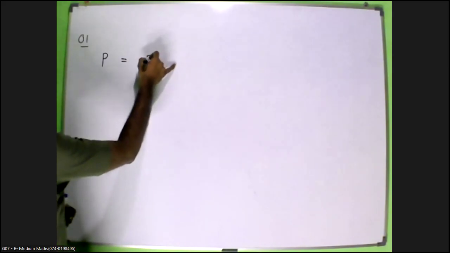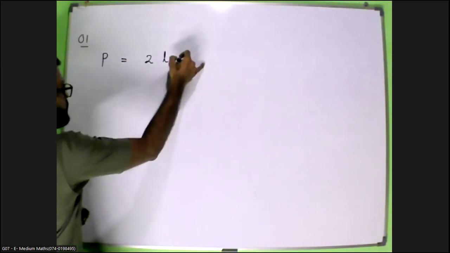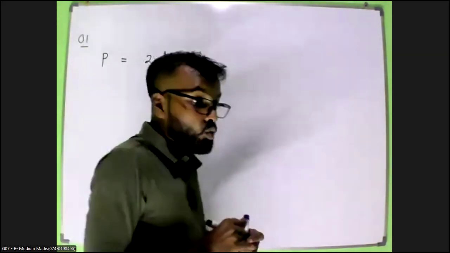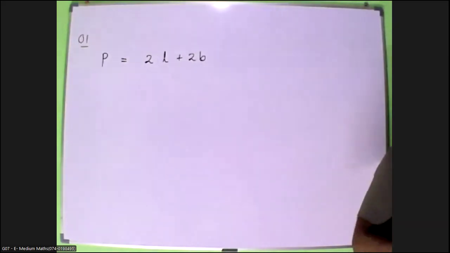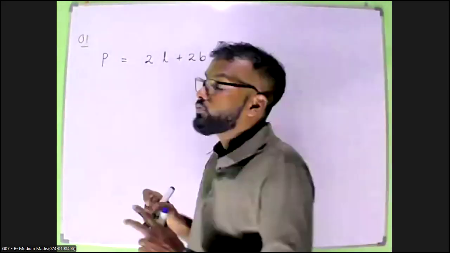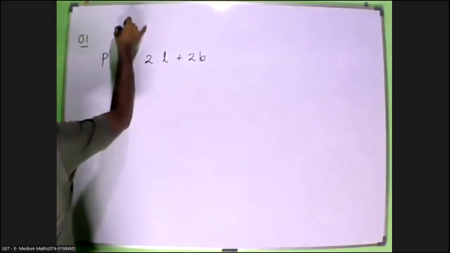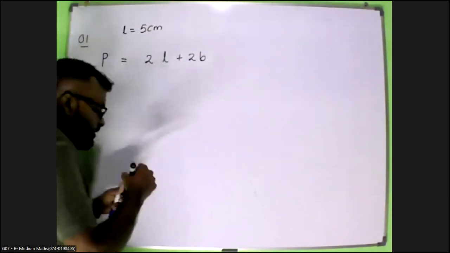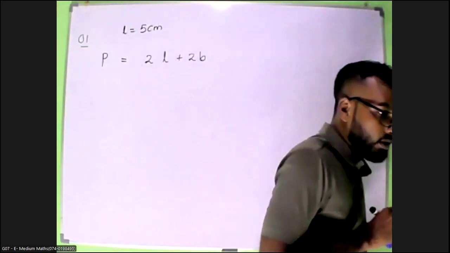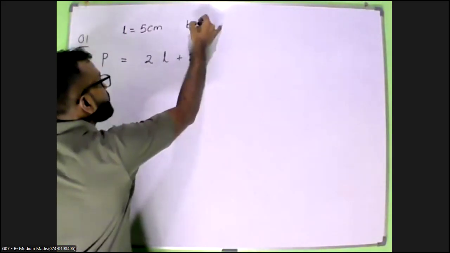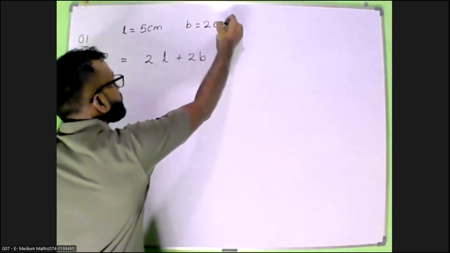The perimeter of that rectangle has been given as 2L plus 2B. Okay. Then they have given L equals 5 centimeters. L equals 5 centimeters. Then B equals 2 centimeters. Okay, B equals 2 centimeters.